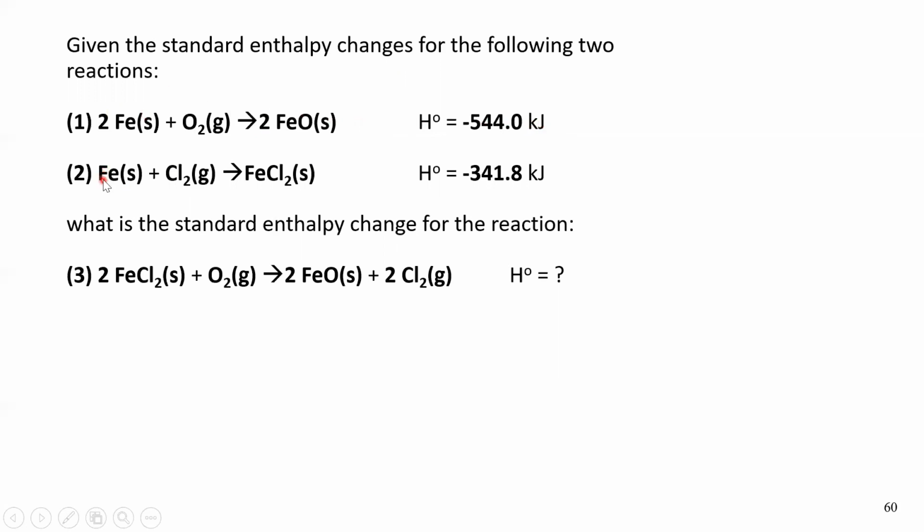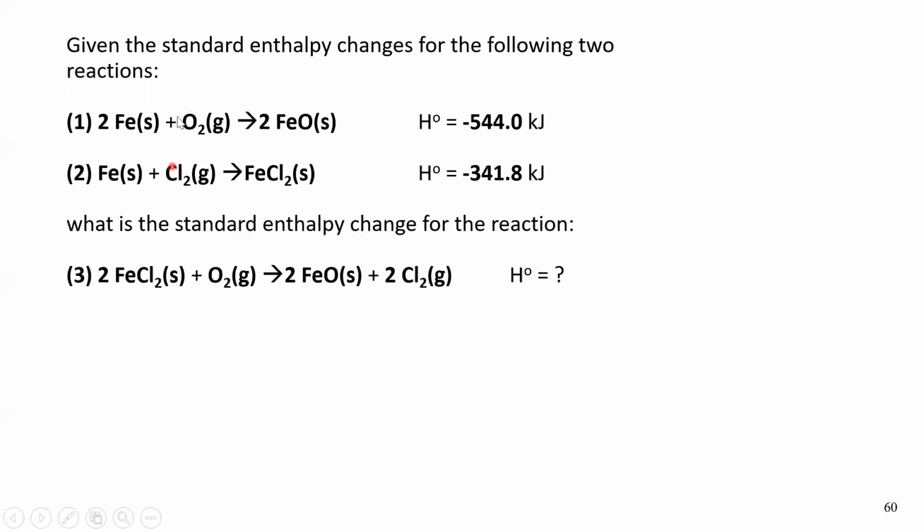And we're given the second reaction where iron reacts with chlorine to produce iron 2 chloride. And that releases 341 kilojoules of energy.